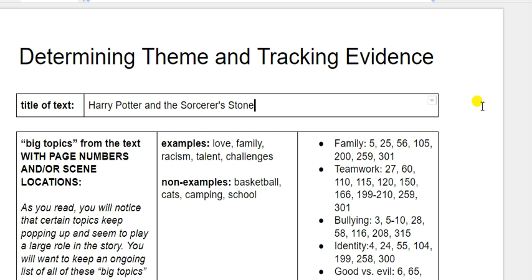I'm not going to tell you what the theme is because I can't. For one thing, there are many different themes possible for each text, so I'm going to let you determine what you think the theme is, and that's going to guide our discussion after everybody's done reading it.